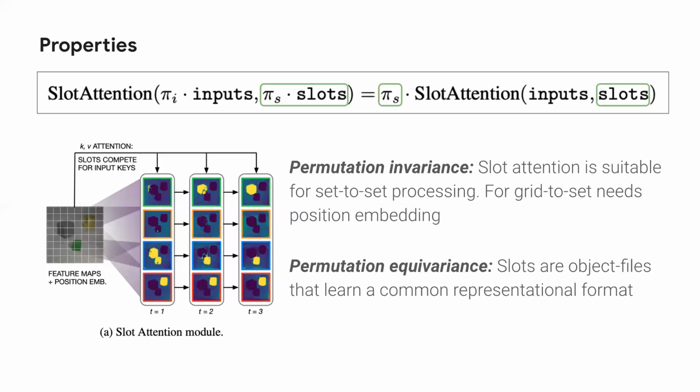And at test time, you can even change the number of slots because they don't specialize. You can just sample more slots and run the algorithm with a higher number of slots, for example. And this is why they act as object files and really learn this common representational format.